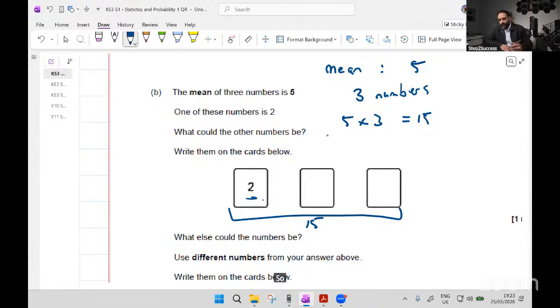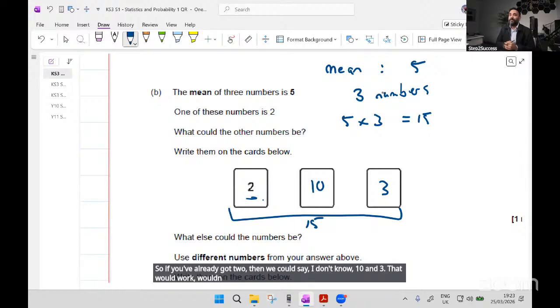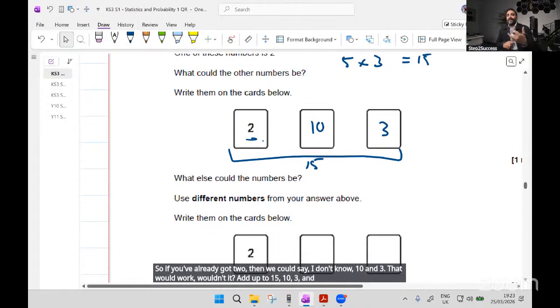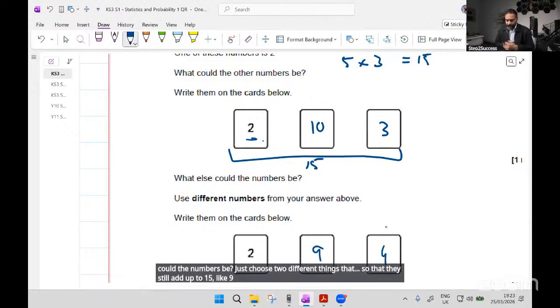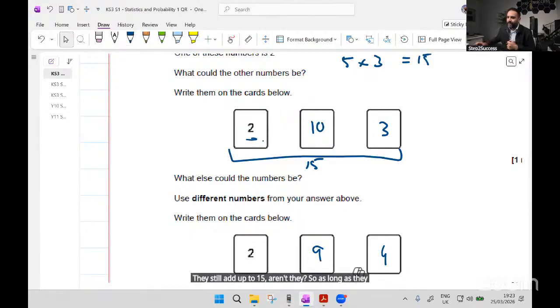So if you already got 2, then we could say 10 and 3. That would work, wouldn't it? They add up to 15, 10, 3, and 2. Or then it says, what else could the numbers be? Just choose two different things so that they still add up to 15, like 9 and 4. They still add up to 15, don't they? So as long as they add up to 15, that's what you're after.